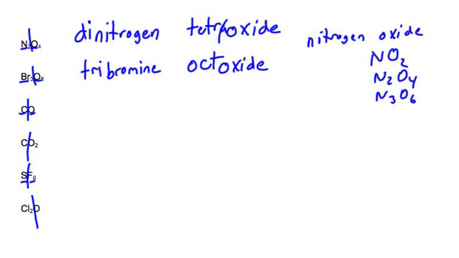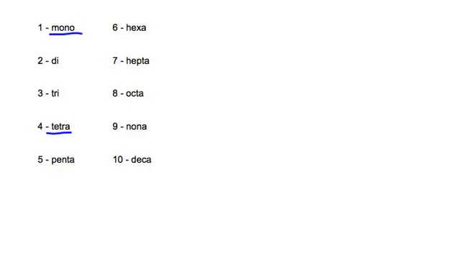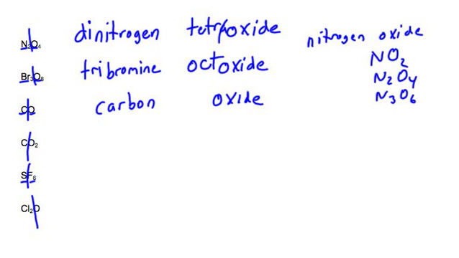All right, now CO. C is carbon and O is oxide. Looking at this, there's one of each. Looking at the prefixes, one is mono. And so you might be tempted to say monocarbon monoxide. But you've probably heard of this chemical before.